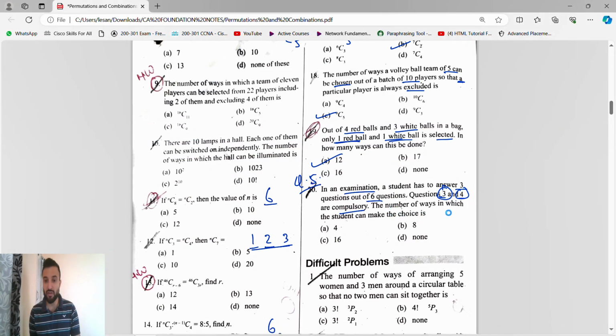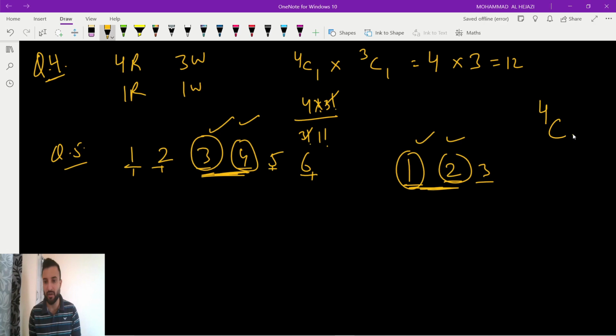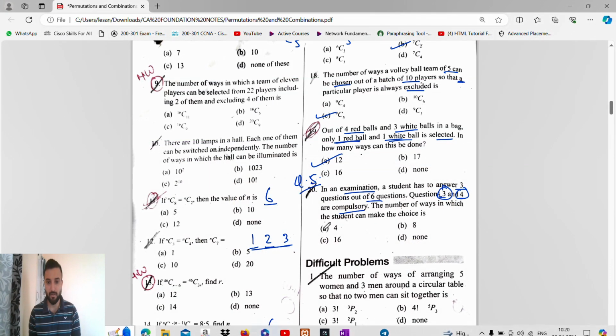So the number of ways in which the student can make the choice, combination: out of the three questions, two are compulsory. So how many questions remain? 1, 2, 3, 4. From the remaining 4 questions you have to select just one question. 4C1 is 4. Answer is 4.